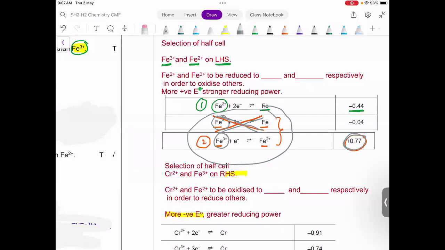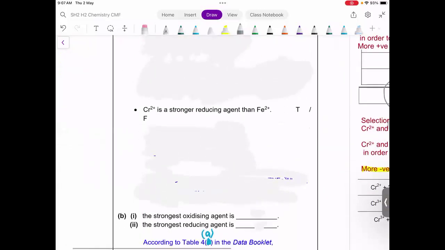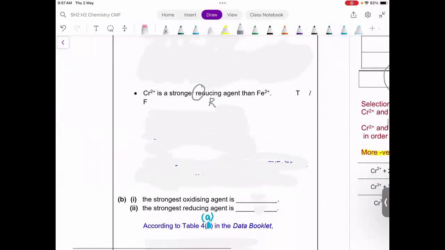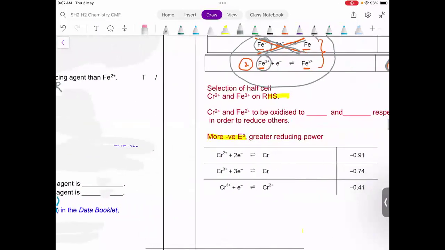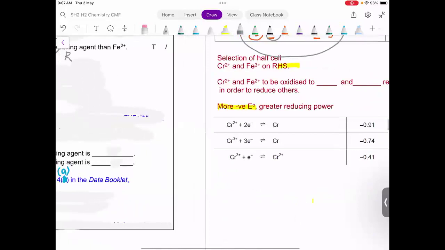All right, clear? Similarly, if you talk about chromium 2 as a reducing agent, because it's the reducing agent, it will appear on the right side of your equation. If it's appearing on the right side, then you should be comparing how negative it is. The more negative it is, the stronger the reducing agent. So what's your conclusion? The half equation that you can have will be chromium 2. Among the equations that you can obtain from the data booklet, this is the only chromium 2 that appears on the right side.